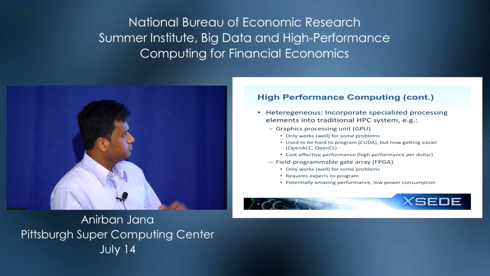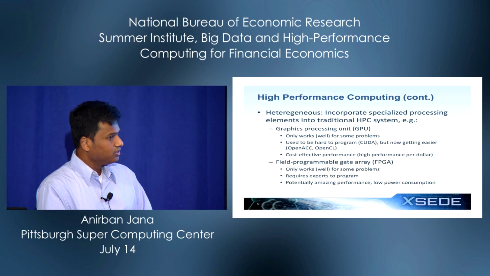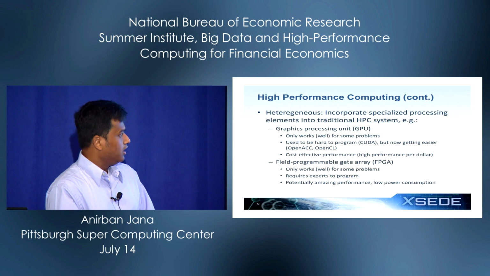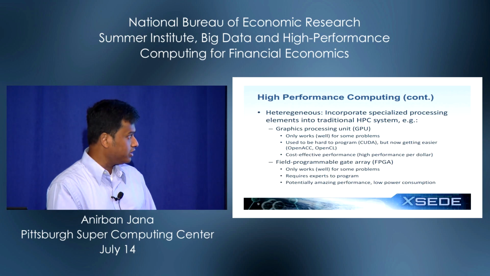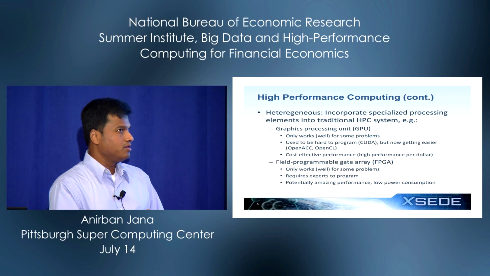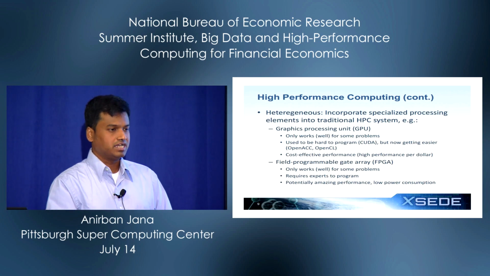Then there's something called field programmable gate arrays, or FPGAs, which have a lot of potential for amazing performance at low power. These are especially important for on-the-field computing, such as on robots.